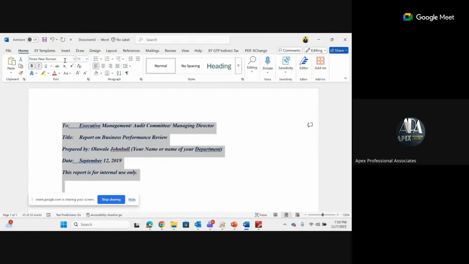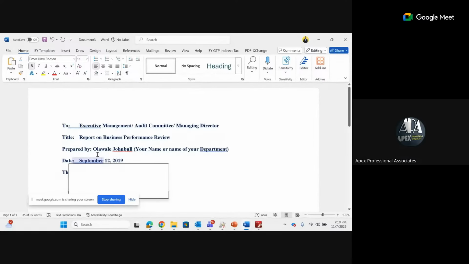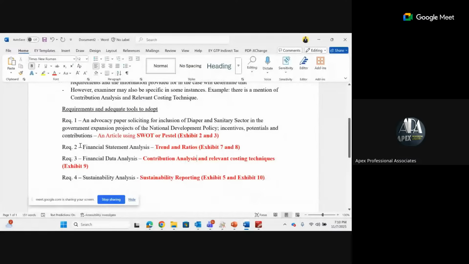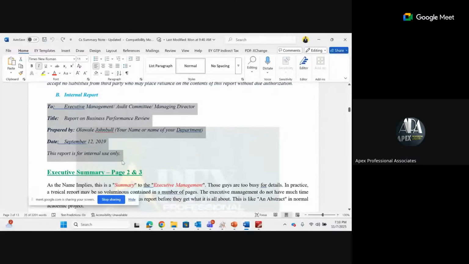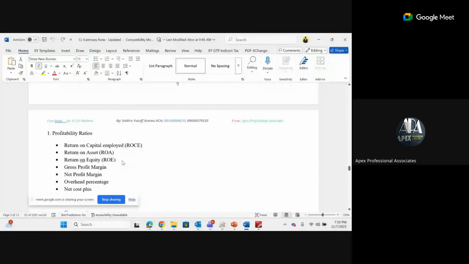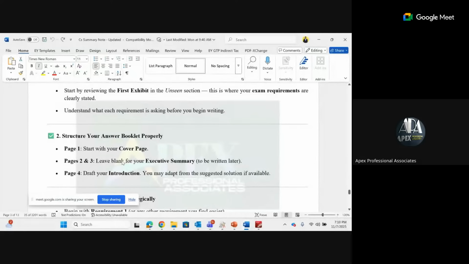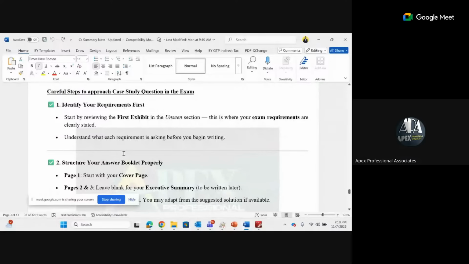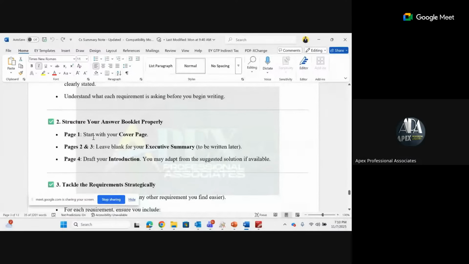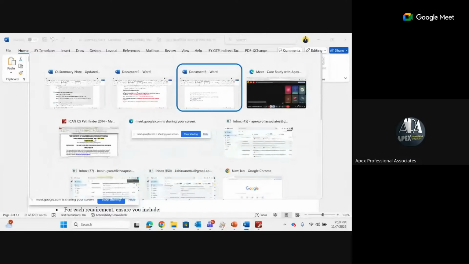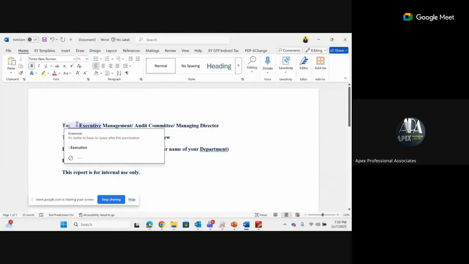We have started solving, guys. Like I said, the first step is to identify your requirements. And once you identify your requirements, the second thing to do is to go to your cover page. That is the first page of your answer booklets.